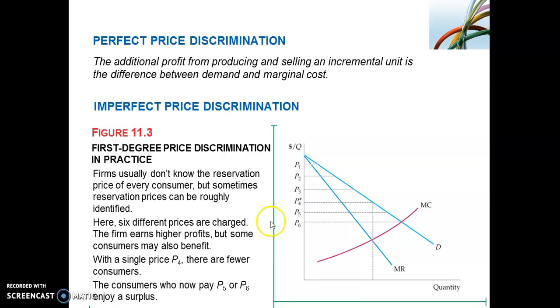So with a single price P4, there would be fewer consumers. However, these consumers, P5 and P6, also enjoy some surplus. And this is as a result of being able to apply imperfect first degree price discrimination.